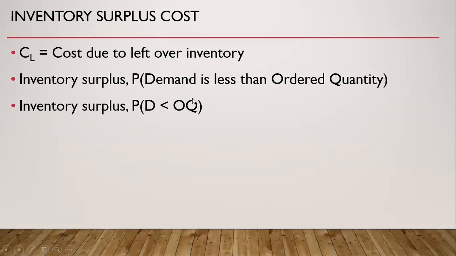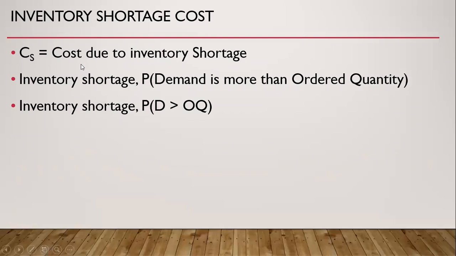It can be written in symbolic form as probability such that D is less than OQ, the ordered quantity. This is the inventory shortage situation. CS is the cost caused by inventory shortage. Inventory shortage is when the actual demand is more than the ordered quantity. It can be written symbolically as this.